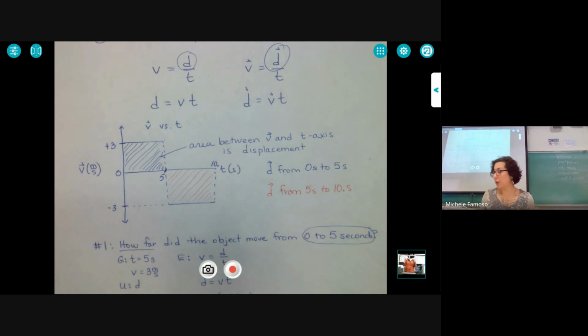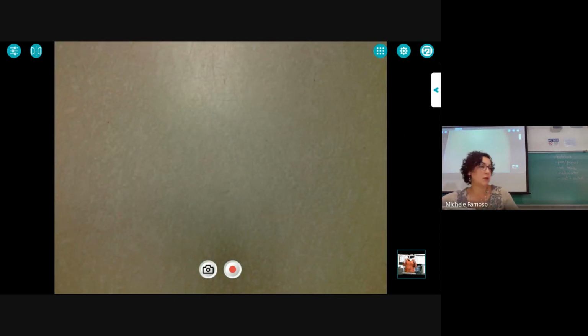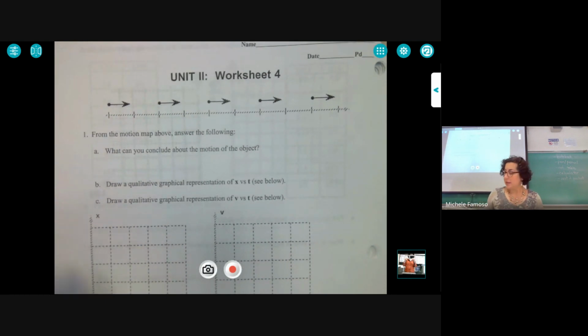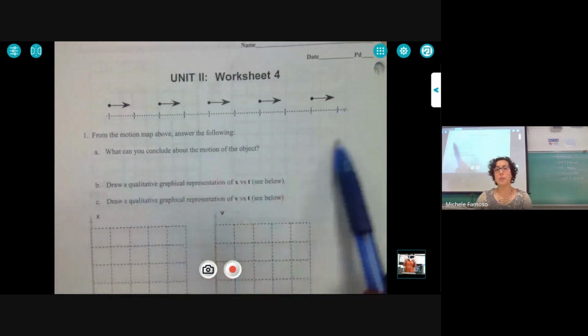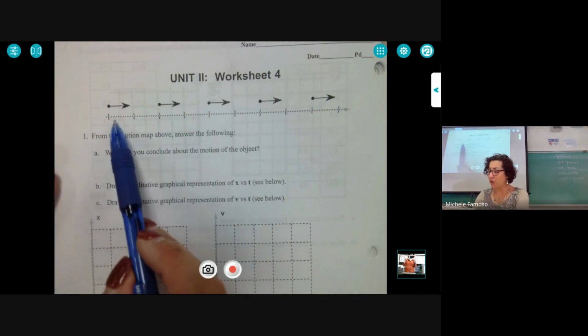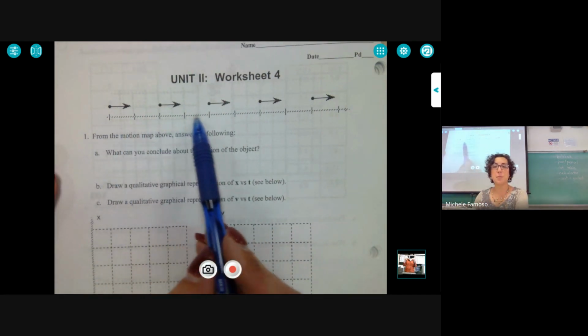All right, let's go to our packet. And let's look at page 22. We're going to use those notes to help us out. This is the page after the homework you did for today. This is a motion map. Tomorrow we're going to learn about these, how you can create them yourself. But what you have here in this motion map, this is a number line.